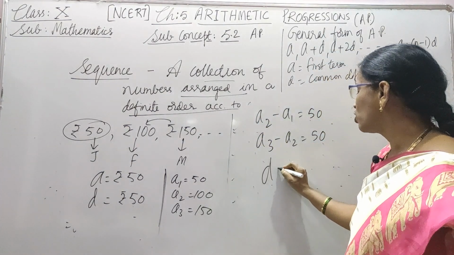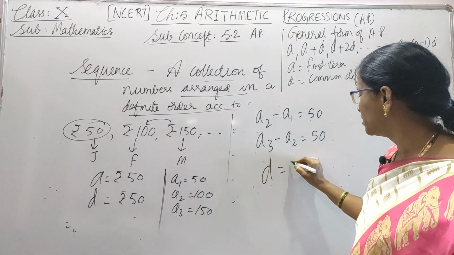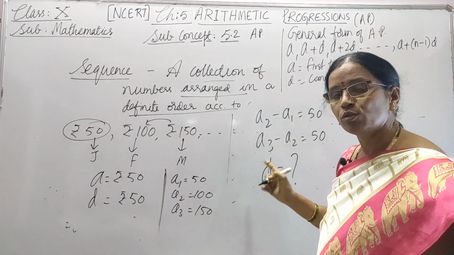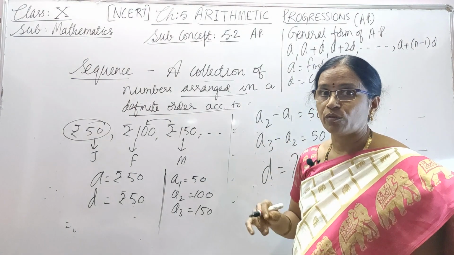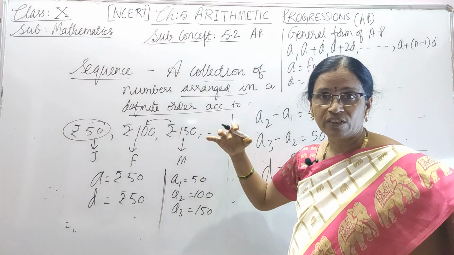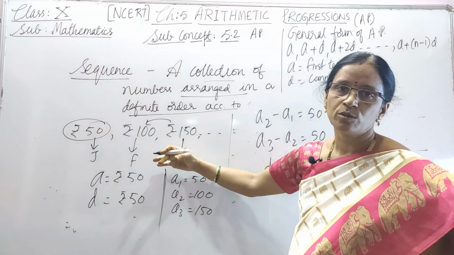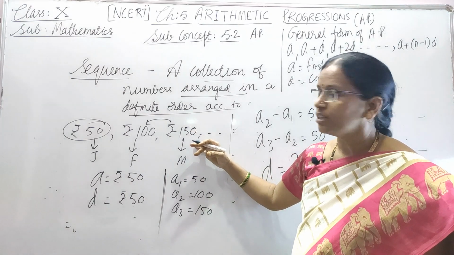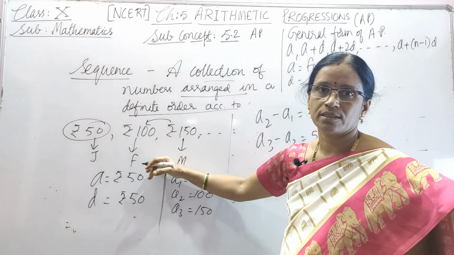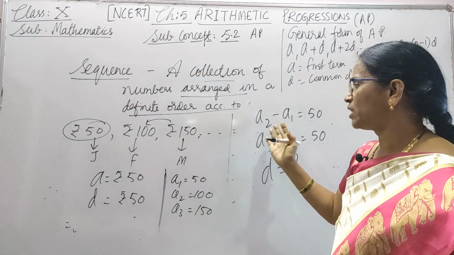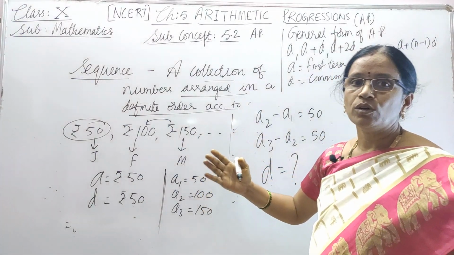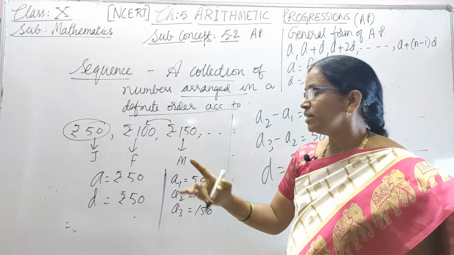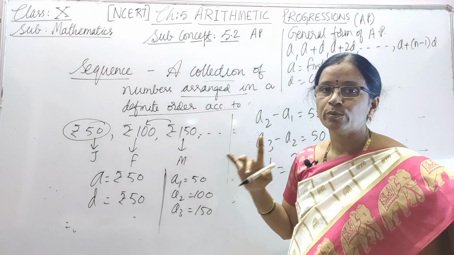So to get the common difference, either you can do A2 minus A1 or you can do A3 minus A2, provided we say that it is an arithmetic progression. If I say this is an arithmetic progression, find the common difference, you need not do A2 minus A1, A3 minus A2, A4 minus A3 and all, because in the beginning itself I am telling the given sequence is an arithmetic progression.